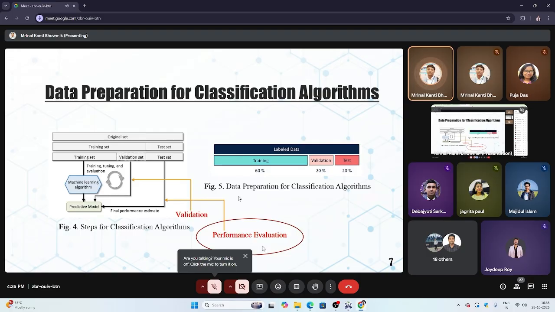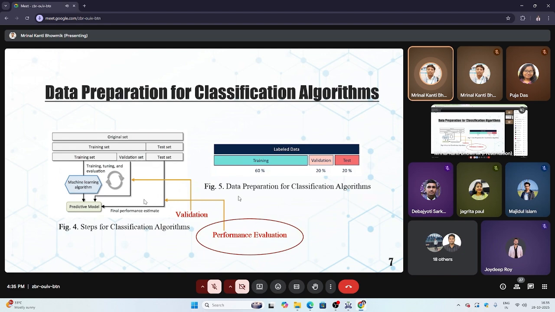Then on the training set, we run any machine learning algorithm, whether it is classification, segmentation, or detection, and a model is developed, which is known as the predictive model. We then check how the model performs on the validation set, which is from the training set, so we measure the predictive performance of the model.